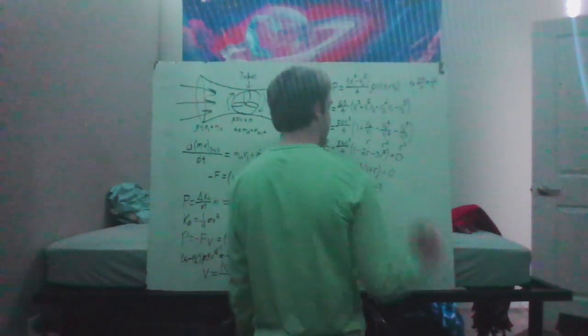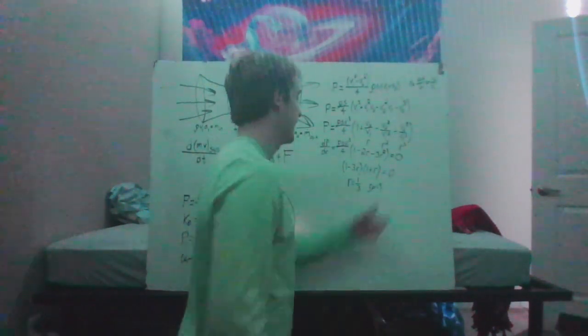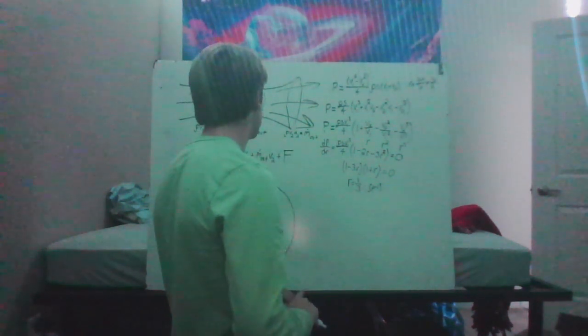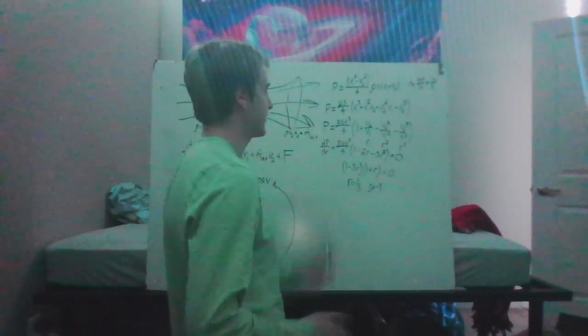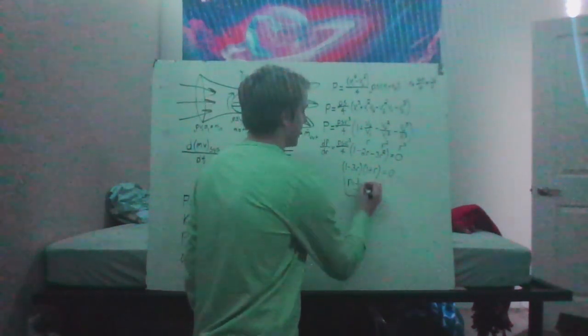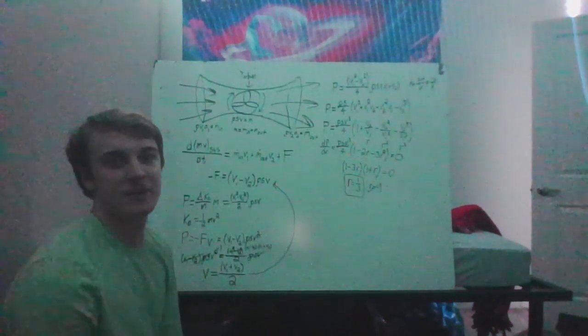But we can disregard this -1 because that negative ratio would mean that the flow is going backwards, which obviously we do not want. So we do end up with this 1/3 ratio that the problem was asking for.